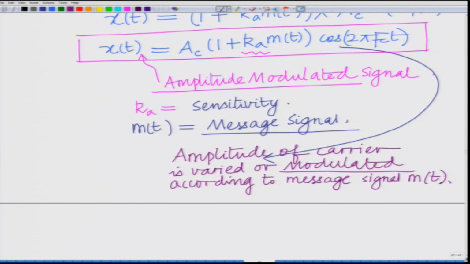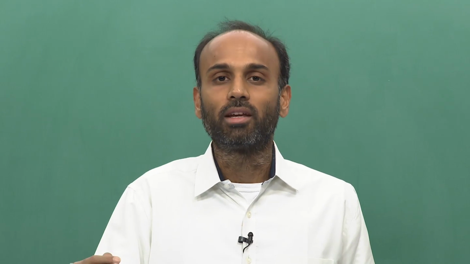Modulation is nothing but the variation. When we multiply the carrier signal by the message, one can think of it as if the amplitude of the carrier signal is being modulated by the message. Therefore, this is termed amplitude modulation. The amplitude of the carrier, which was previously constant, is now time varying in nature, and it varies as per the message m(t).